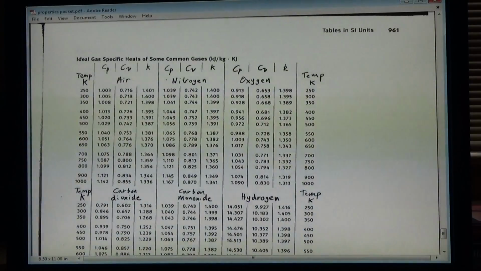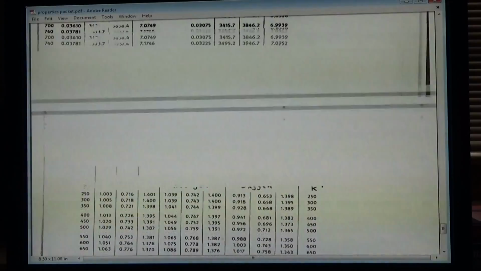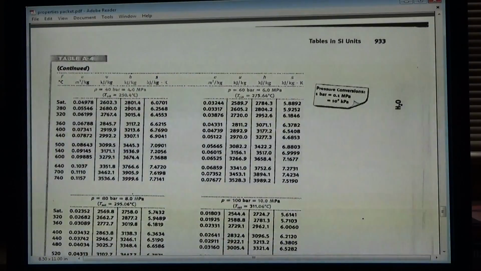The table that I have with the properties packet is only SI units, so it's not going to be able to help us here. Let me get out the book, and we can use the book to look up the properties, specific volume and h. Also, I'm going to turn on the light so that we can see the book.